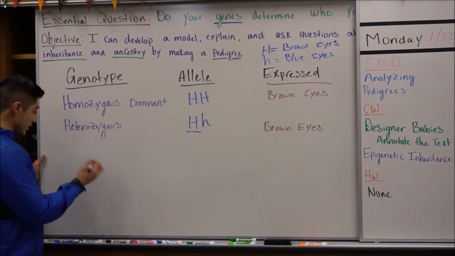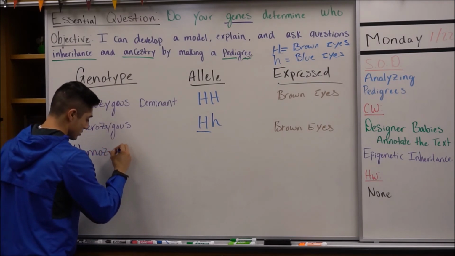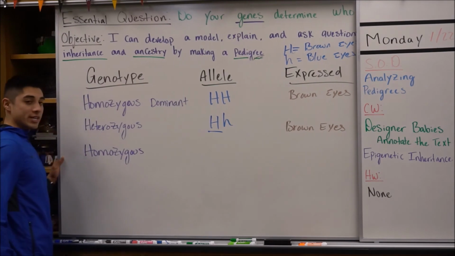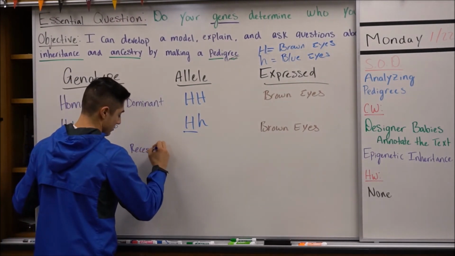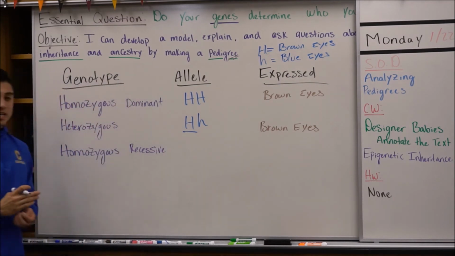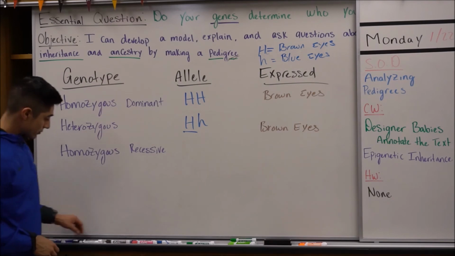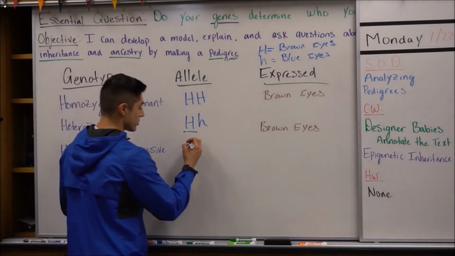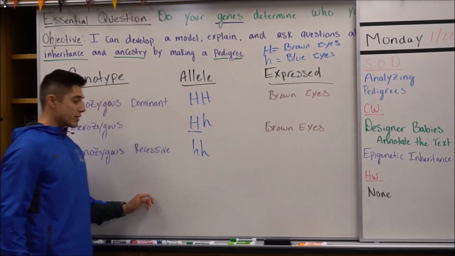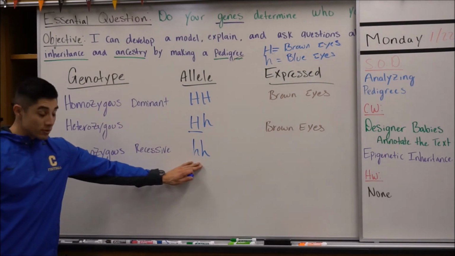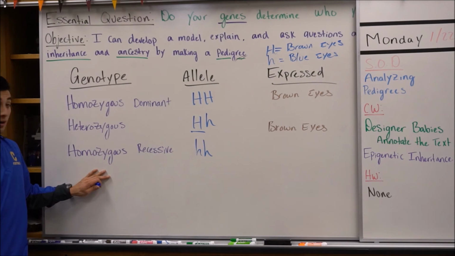The last one would be homozygous recessive. This would look like little h, little h, since homozygous means the same. This is the allele type, or genotype, for homozygous recessive for eye color.